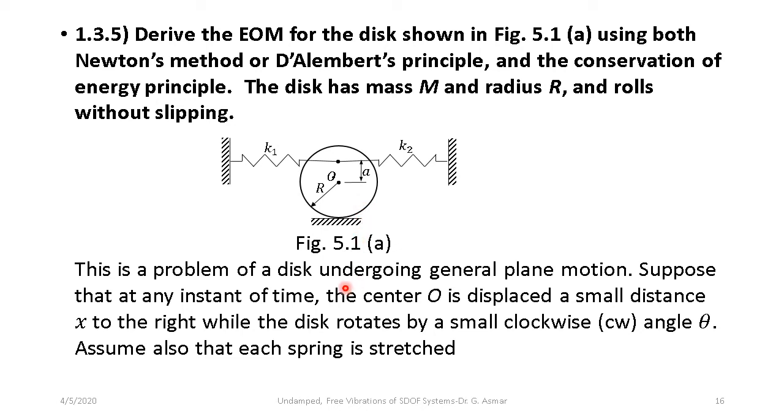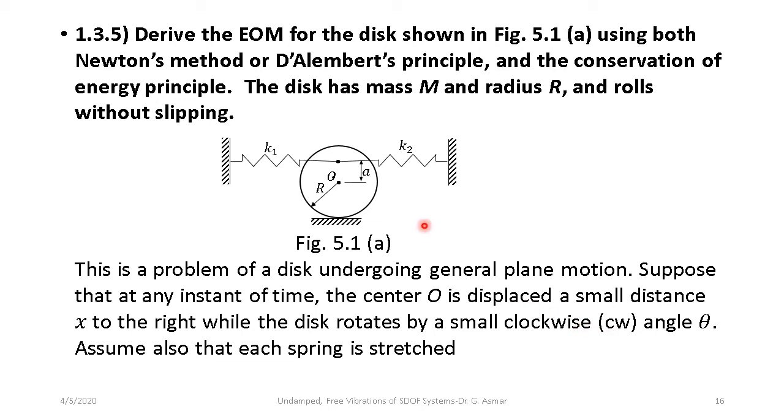This defines plane motion. And suppose that during the oscillations of the disk I freeze the motion at an instant of time when the center O is displaced a small distance x to the right of the equilibrium position. And at the same time, I freeze the motion when the disk has rotated by a small clockwise angle theta.